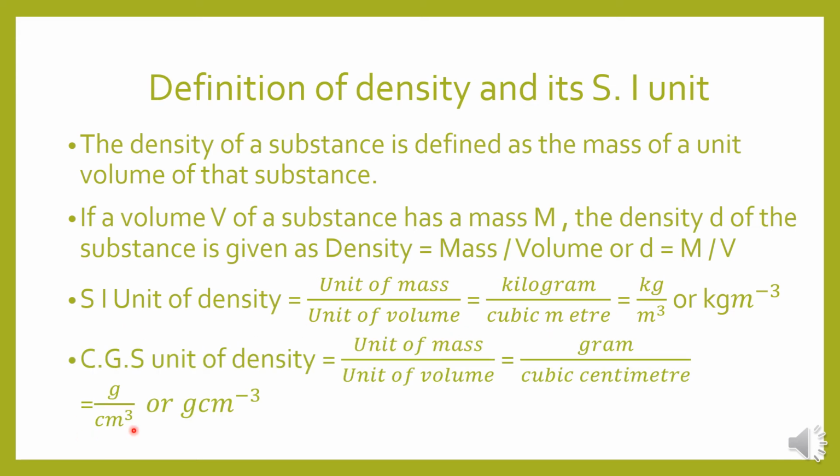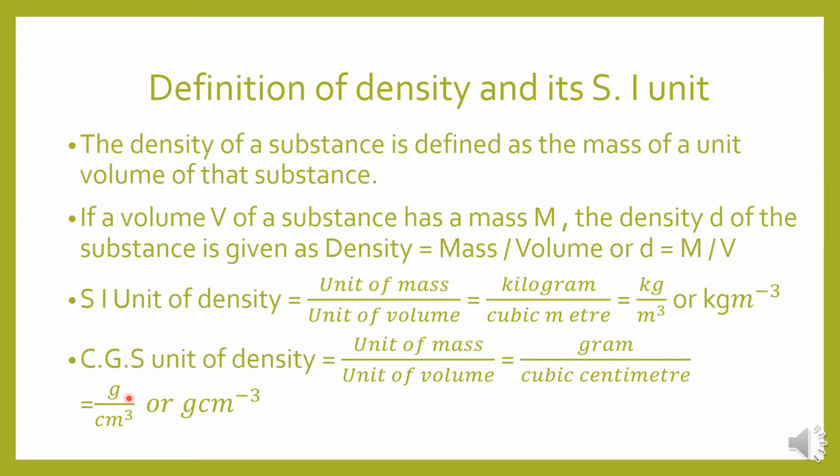What is the CGS unit of density? The CGS unit of density is in the same way the unit of mass divided by the unit of volume. But in the CGS system, what is the unit of mass? The unit of mass is gram, and the unit of volume is cubic centimeter. So what is the unit of density?